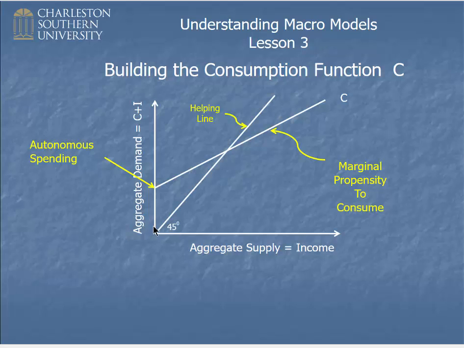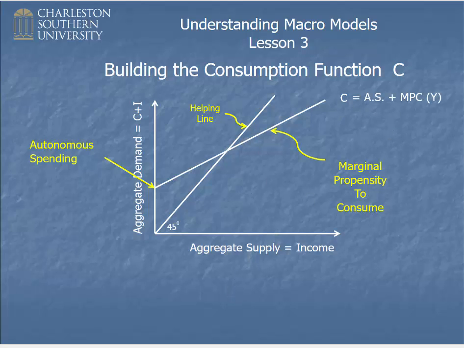All right, so the function of this helping line will be obvious a little bit later, but normally we draw this helping line through here, and it would be at 45 degrees. So at 45 degrees, whatever's over here would be equal to whatever's over there, because the 45 degree line would plot out 1, 1, 2, 2, 3, 3, 4, 4, and so forth. It'll be obvious in a minute.